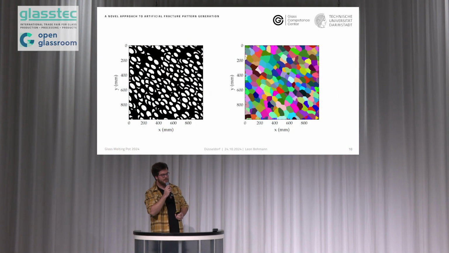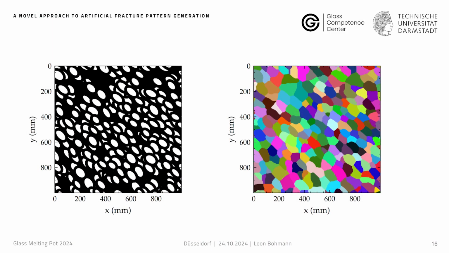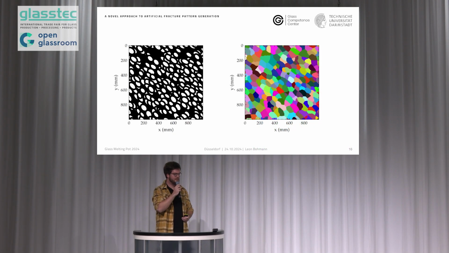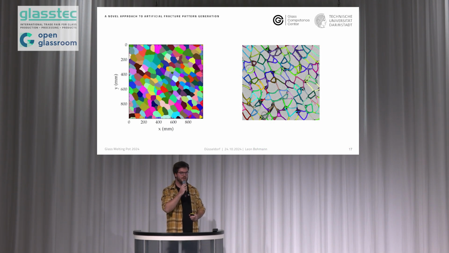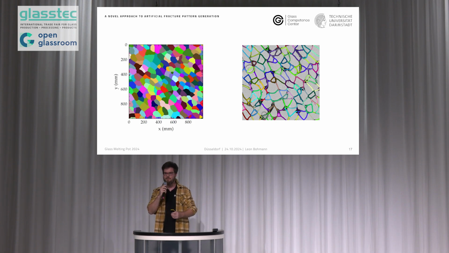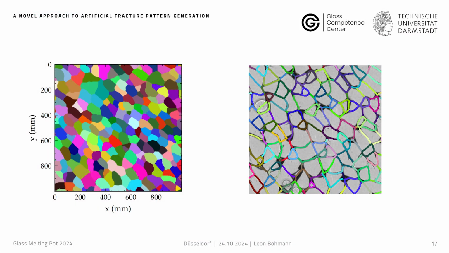On the left, you see again the ellipses with dark spots around them that are filled by the watershed algorithm. And on the right, you can see a fracture pattern that looks pretty realistic. We can compare that optically with an actual fracture pattern seen here on the right, where we analyzed the individual fragment contours, and we can see that it looks pretty good already.